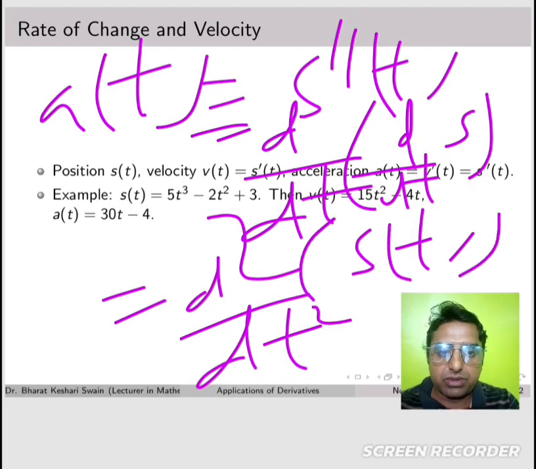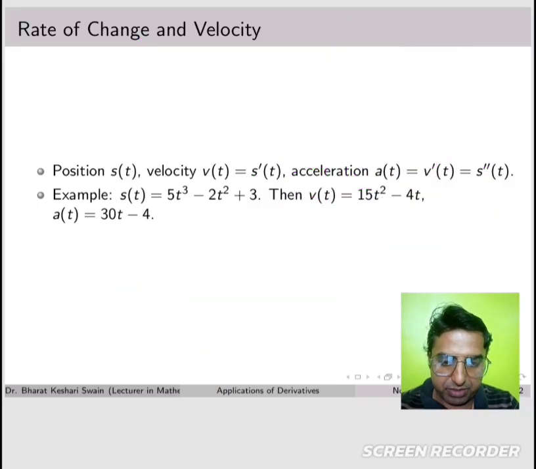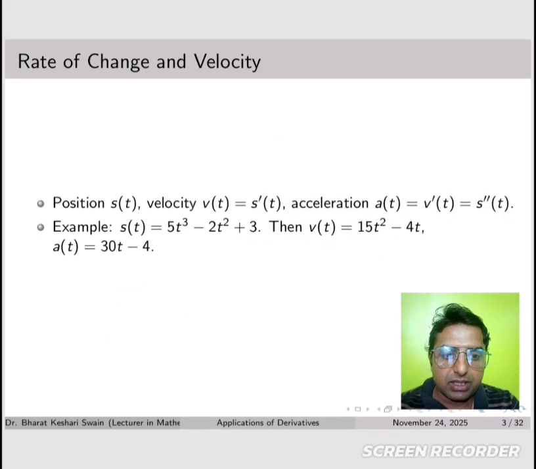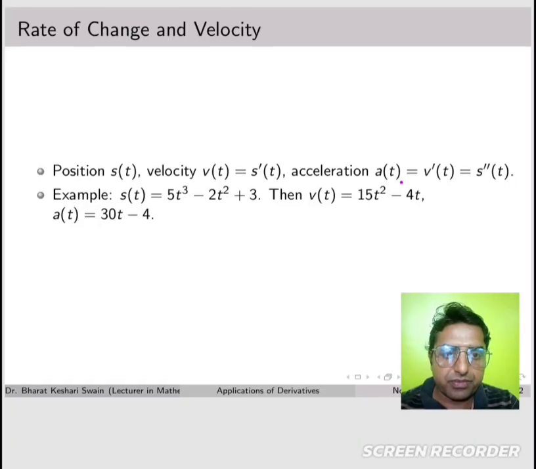So s double dash means the double derivative of s with respect to t.